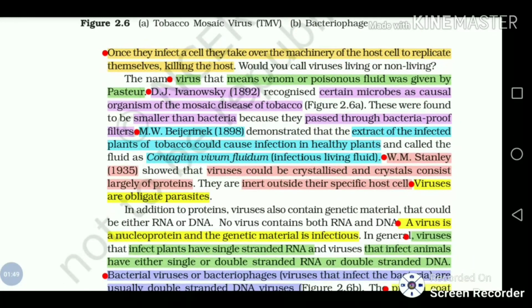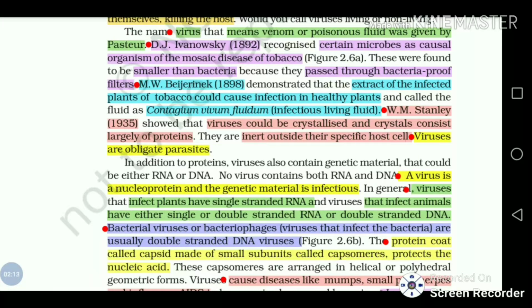Then in 1935, W.M. Stanley showed that viruses could be crystallized, and these crystals consist largely of proteins. They were inert, that is, viruses are inert outside their specific host cell. He also said that viruses are obligate parasites.